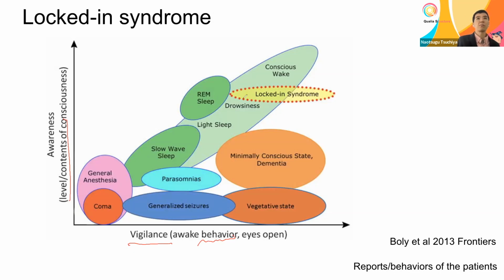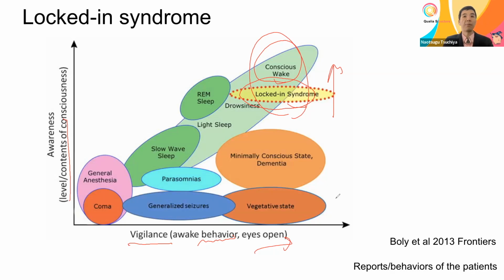So locked-in syndrome is almost like a rich conscious experience on this y-axis, as well as the behavioral states in terms of eyes open and so on, but they cannot move their hands or a foot or whatever, except for the eye movement and potentially blinks.